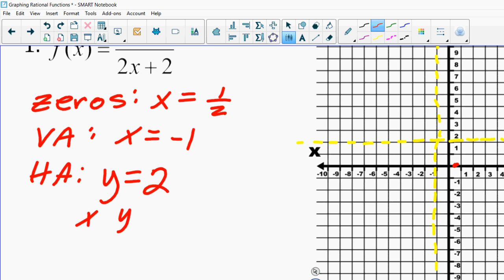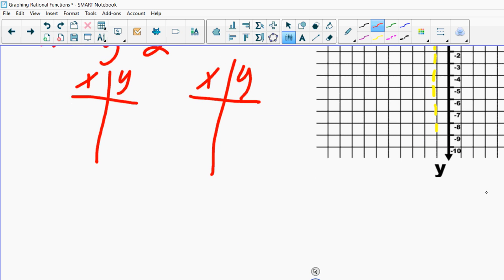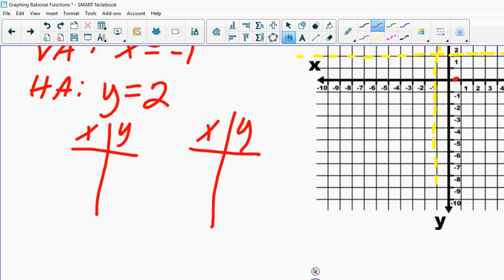You can do x, y. On the right side, we've already got 1. Let's pick 2 more x values. 3, fine. Give me another one. 7, all right. You can do more if you want, but we've got enough now, don't we? We had 1, we got 2 more.